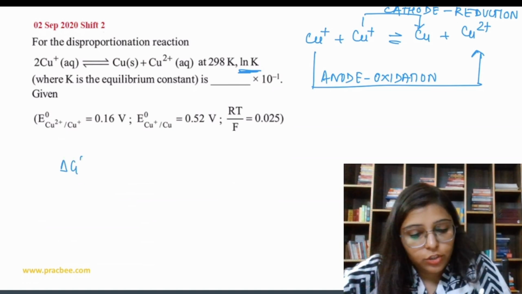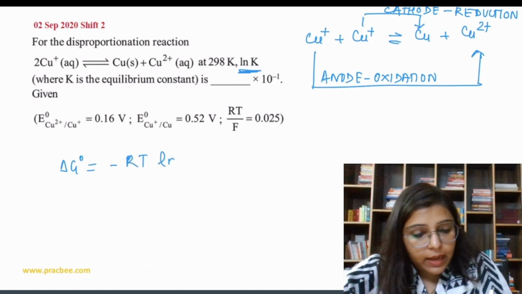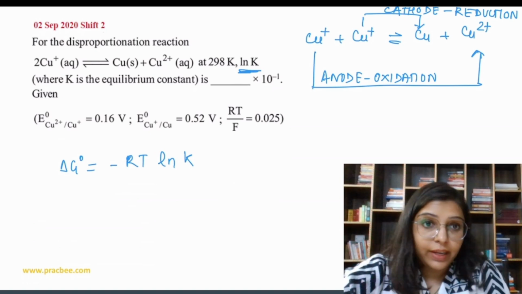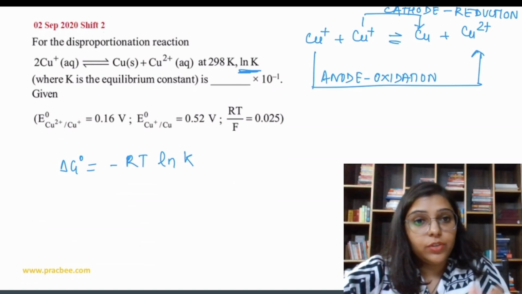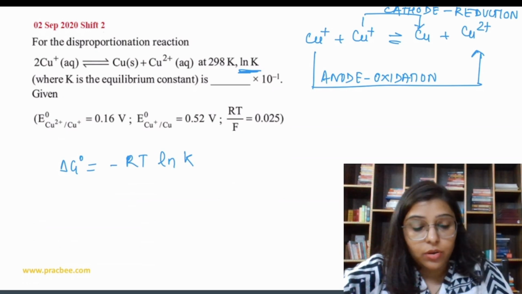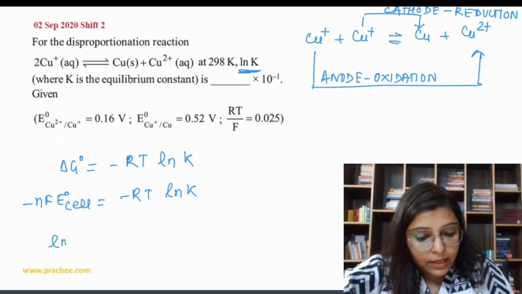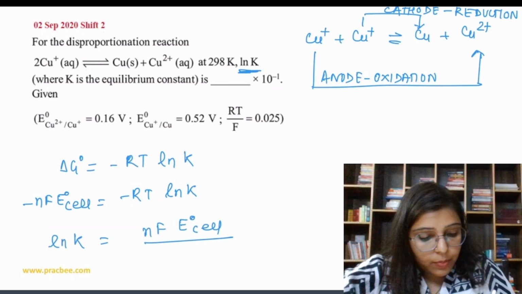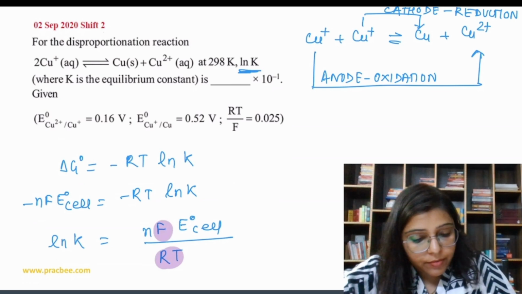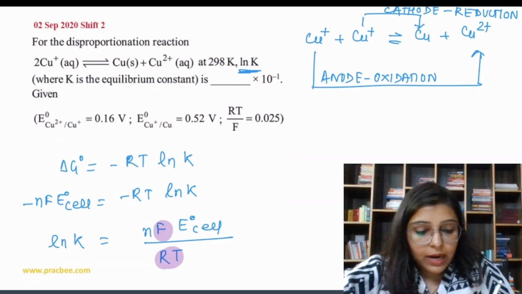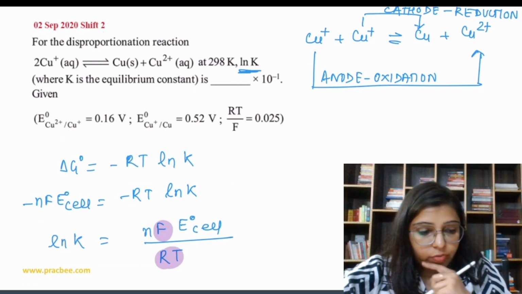We know that delta G naught is equal to minus RT ln K. I'm not writing in terms of log because in the question we have to find out the value of ln, the natural log. So delta G naught, minus nF E naught cell, is equal to minus RT ln K. So ln K is equal to nF E naught cell upon RT. The value of RT by F is 0.025.